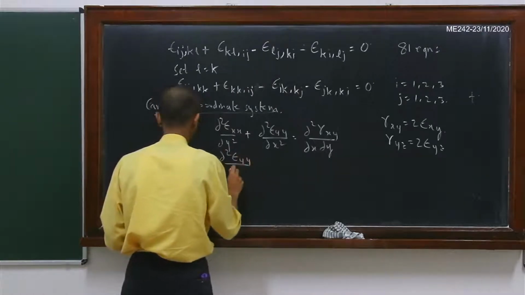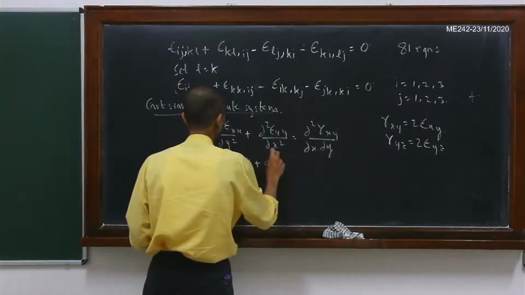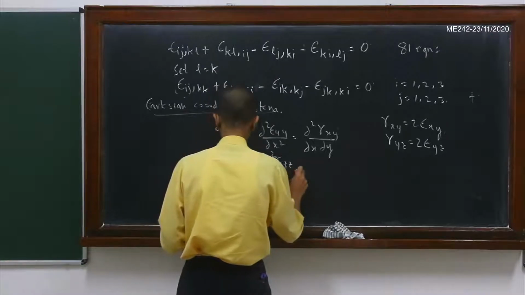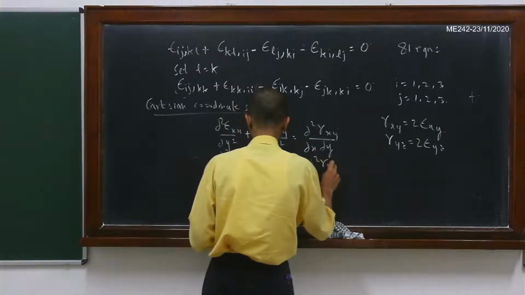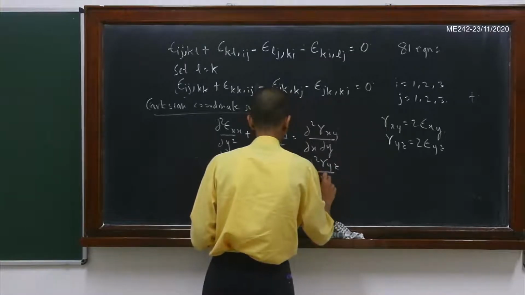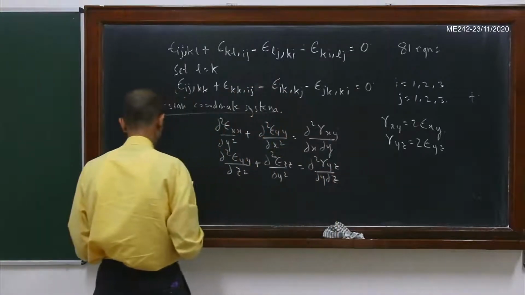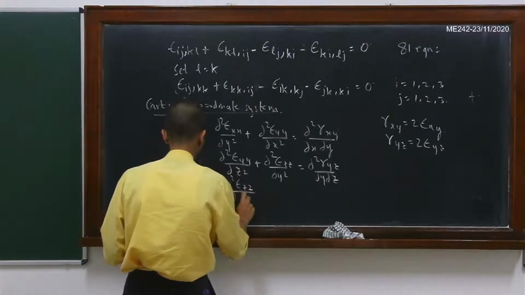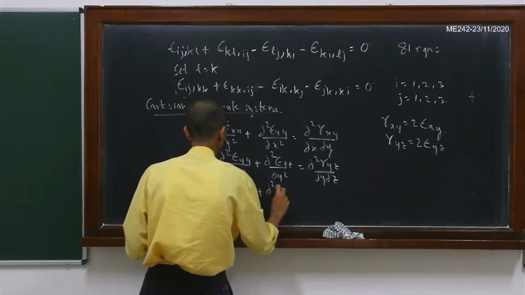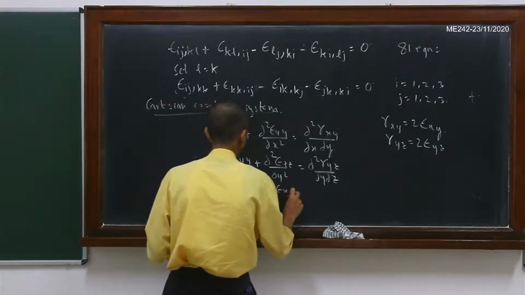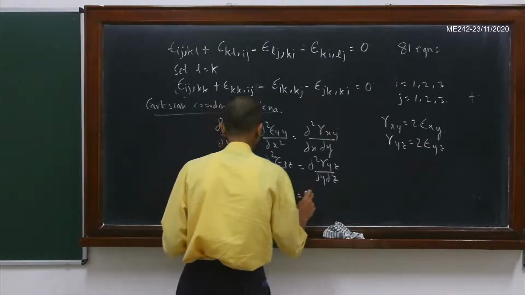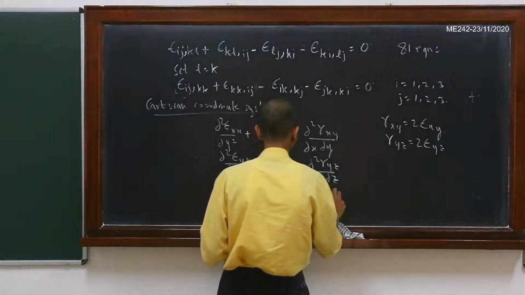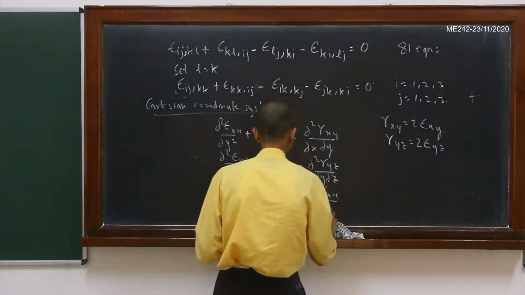So del square epsilon yy by del z square plus del square epsilon zz by del y square is equal to del square gamma yz by del y del z, and del square epsilon zz by del x square plus del square epsilon xx by del z square is equal to del square gamma zx by del z del x.